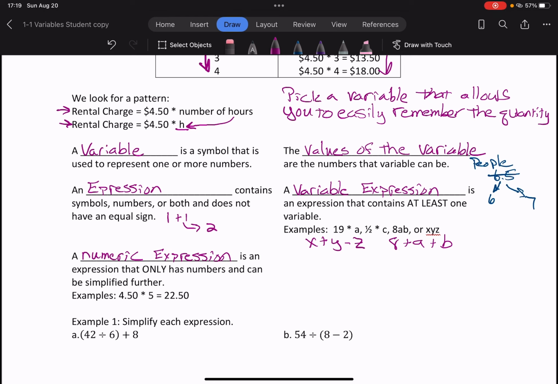I know nothing about either one of those two, so I can't make it simpler. Whereas numeric expressions, like this 450 times 5, I can multiply together to get the 2250. So, again, we just want to look at a numeric expression and make it simpler.